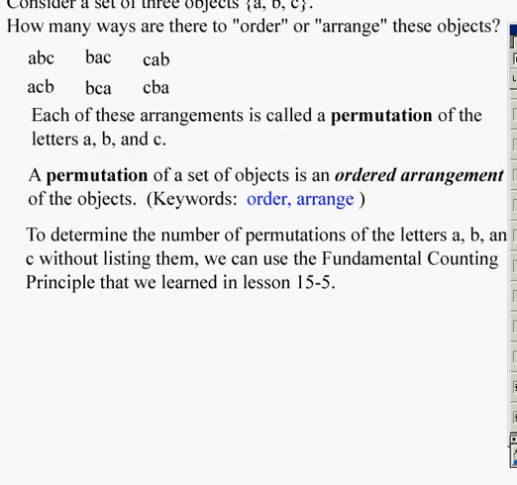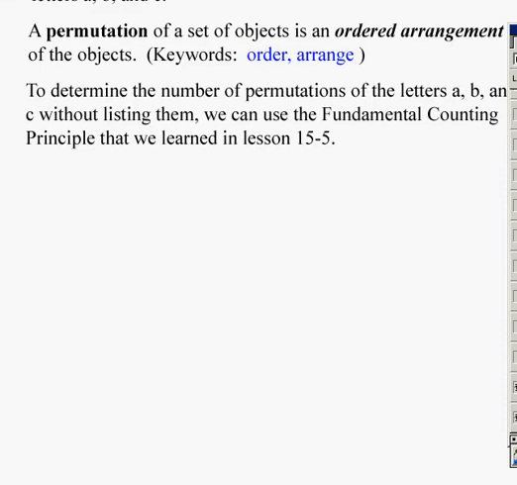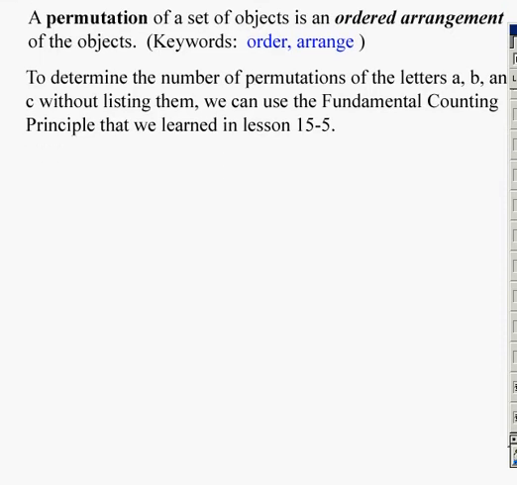And we can use what we learned yesterday, which was the fundamental counting principle in our previous lesson. Let's see if we can figure that out. There are 3 letters. We have 3 choices of placing those 3 letters. So for the first position, we can choose any one of the 3 letters A, B, or C. We have 3 choices.